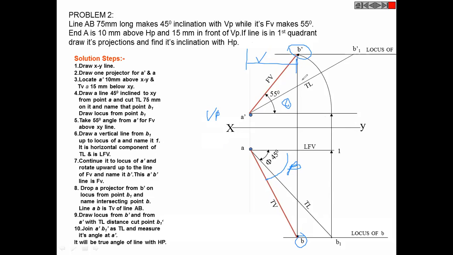Anything balance in your box? Please answer me. Have you understood or not? Is it clear to everyone? Please answer me. Yes, sir, understood. It is easy or not? Projection of line.